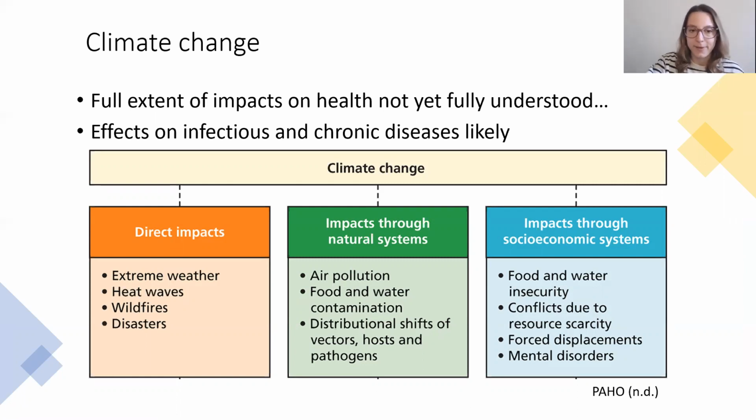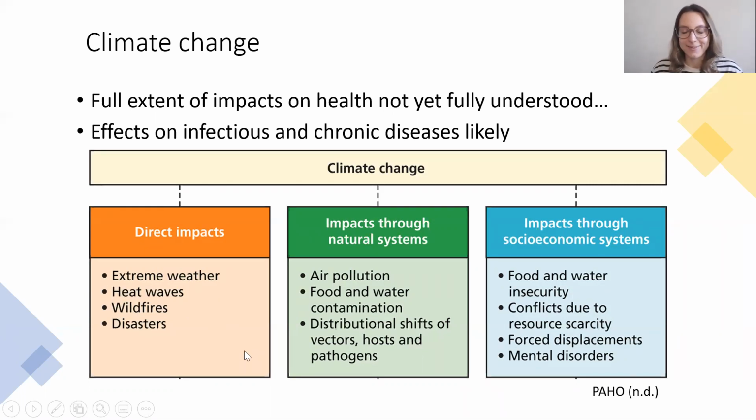So one of them would be, as we expect more wildfires, we do expect the smoke from many of these fires to actually trigger significantly larger burdens of respiratory chronic diseases like asthma. There's also the matter of more heat, so more heat-related events like heat strokes.